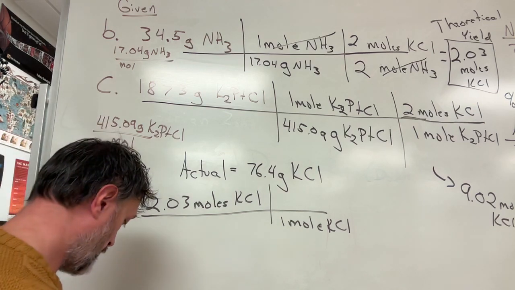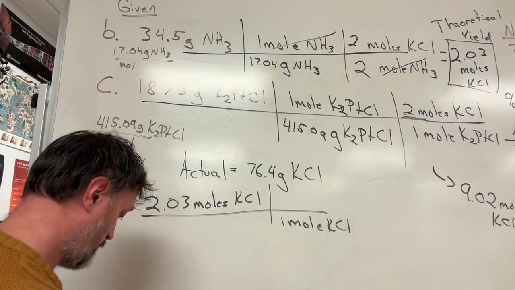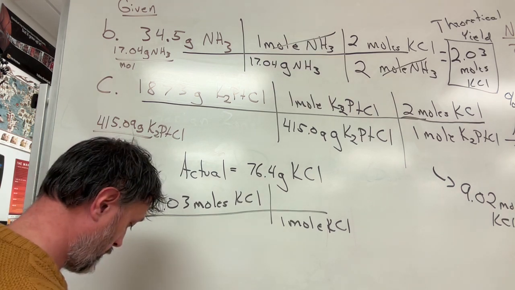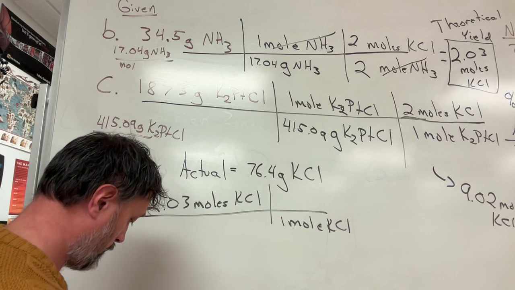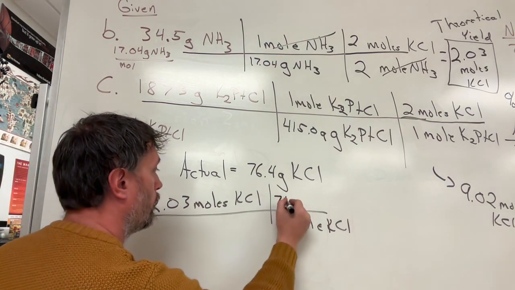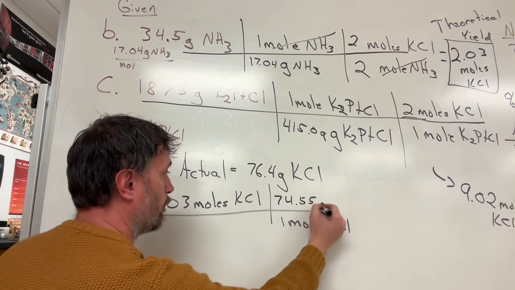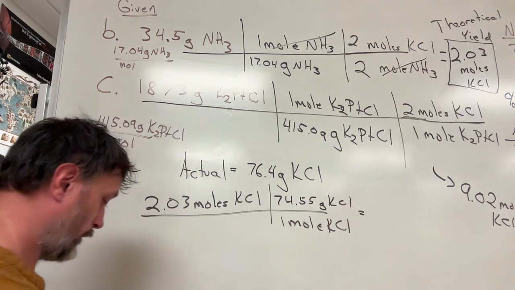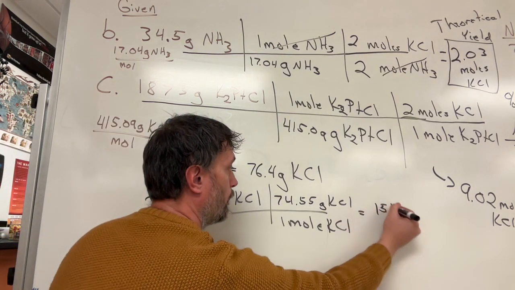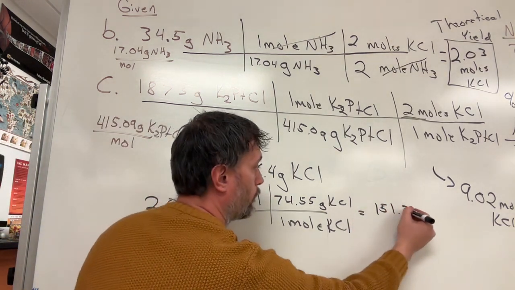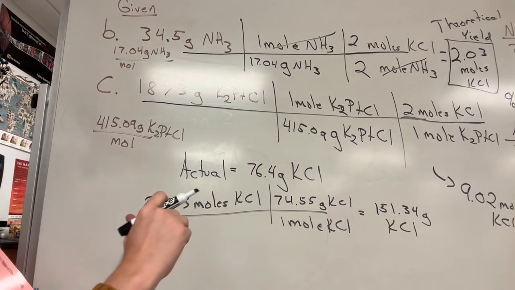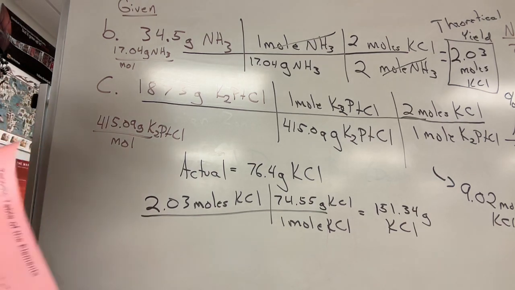Sure wish I could do that in my head. That's 74.55 grams of KCl. So I need to multiply that by 2.03. And that tells me I got 151.34 grams of potassium chloride out. Oh goodness. And that, again, was my theoretical.